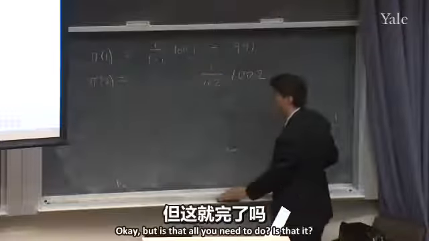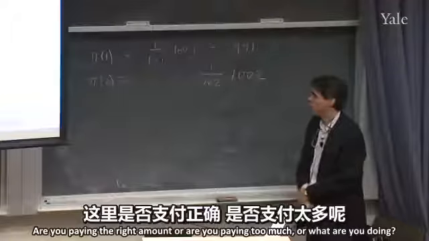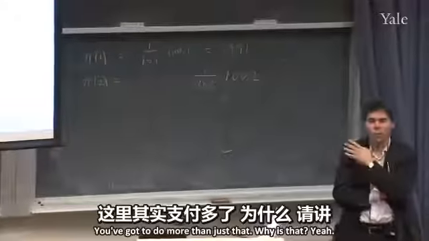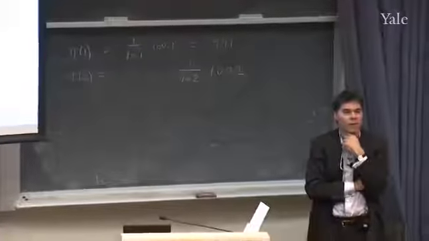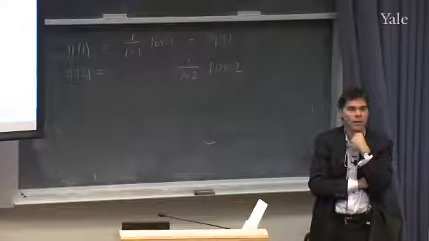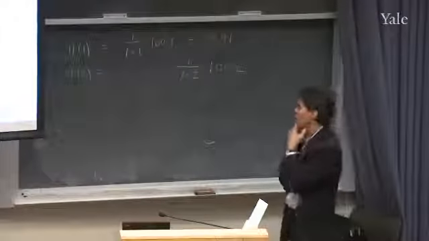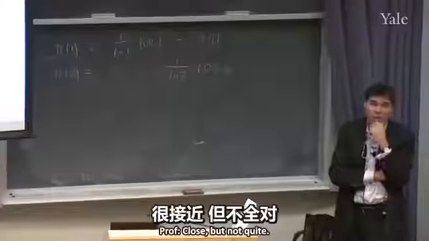Okay, but is that all you need to do? I mean, is that it? Are you paying the right amount? Are you paying too much? You've got to do more than just that. Why is that? Yeah, and subtract 2 times the current price of the 1-year bond. Pi what? Close, but not quite.